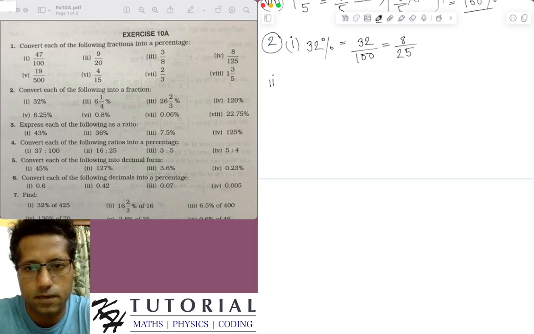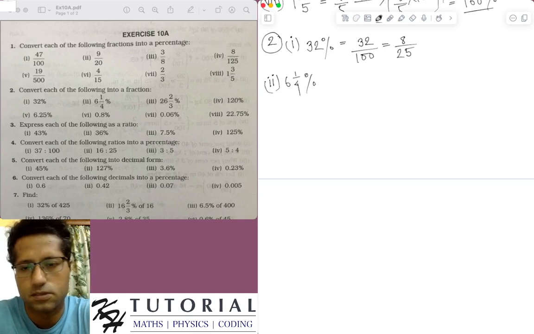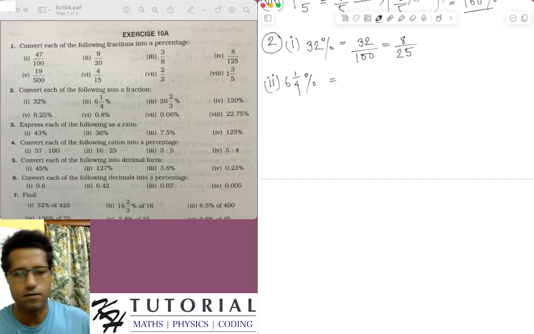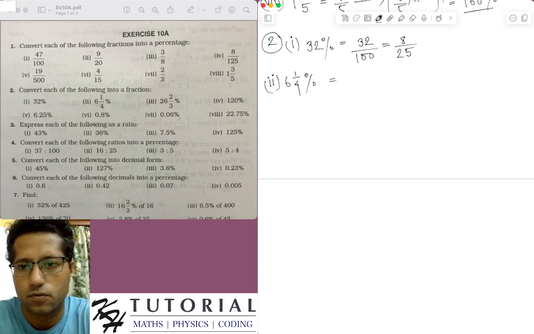Let's do part 2. 6 and 1/4, this percentage. Now when you are given a mixed fraction, it's always recommended that you convert it to an improper fraction. So 6 and 1/4 means 25 by 4, 25 by 4 percentage.